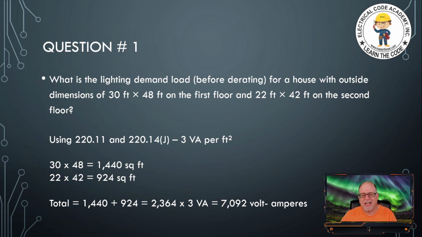But before we even glance at the code book and verify that, because again, you want to make sure you verify it, let's go on and get those square footage values while we're here. So 30 by 48 is 1,440 square feet. 22 by 42 is 924 square feet. Add the 2 together because it is 2 floors, by the way.